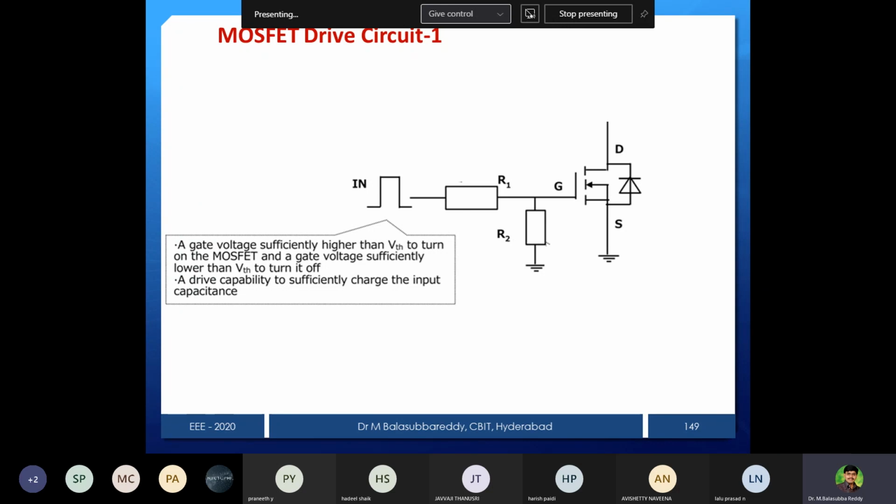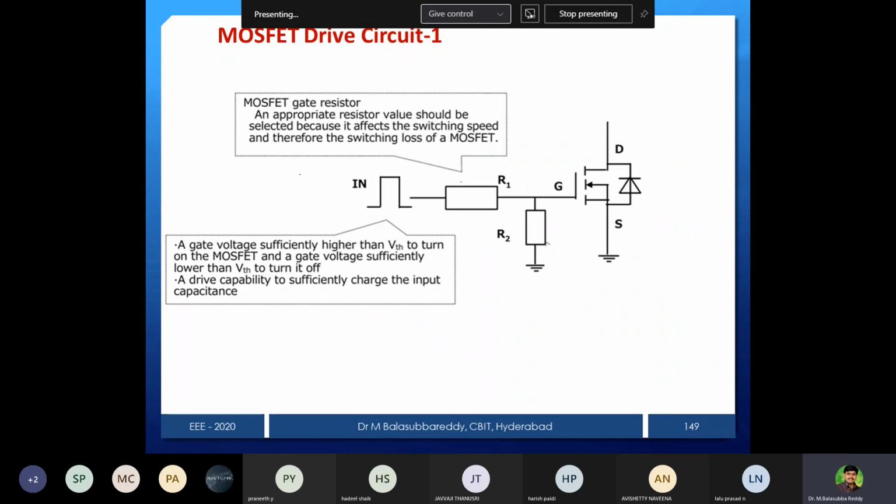If it is lower than that, the device is going to turn off. There must be a capability to supply sufficient charge to the input, that is the drive capability. The input capacitance has to be charged sufficiently to turn on the device. And the MOSFET gate resistance, this is R1, provides protection. The resistor value should be selected carefully because it affects the switching speed.